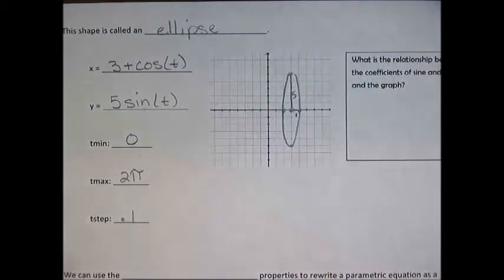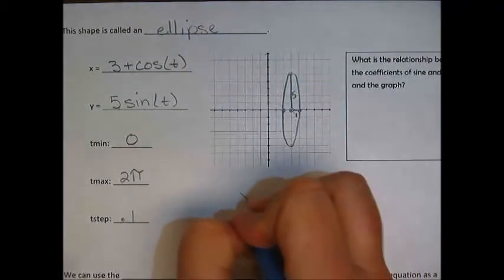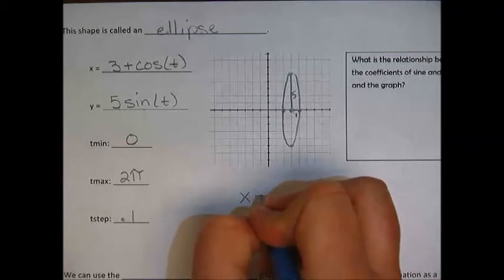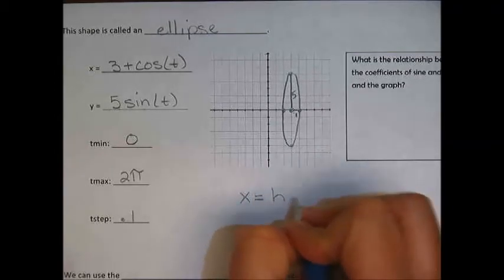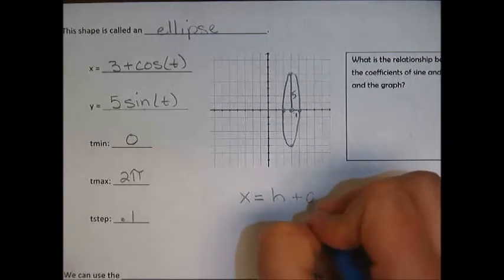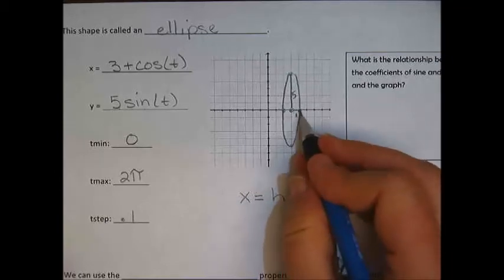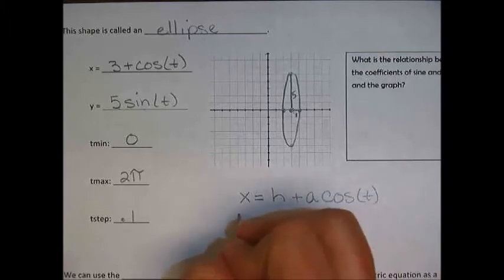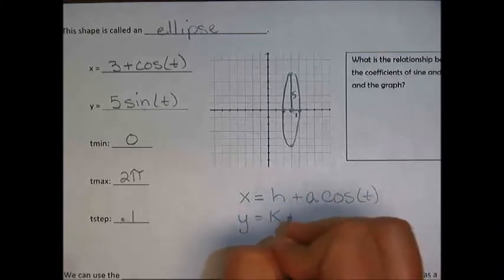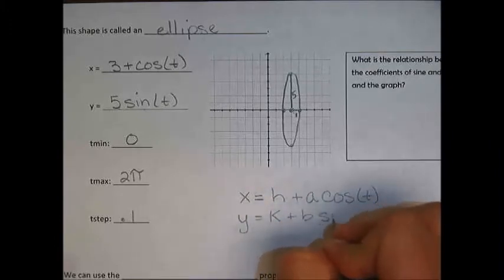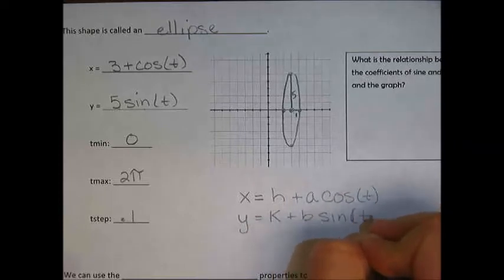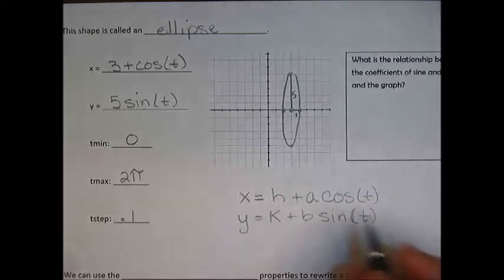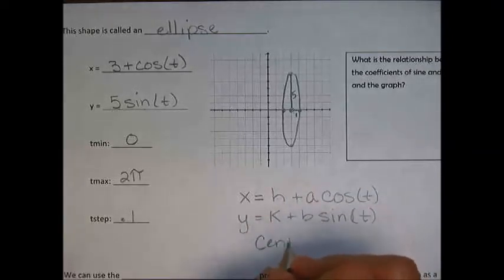So the general equations here: x is going to equal h plus, and I'm going to call the radius in the x direction a, times cosine of t, and y is going to equal k plus b times the sine of t.